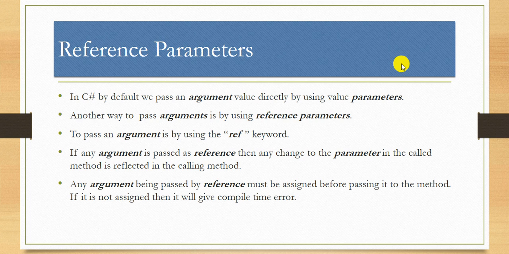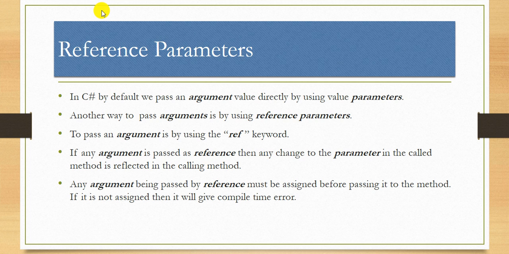So while passing arguments using reference parameters, we pass not only the data like how we pass for value parameters, but the reference of where the data is stored. So in order to pass an argument, you need to use the ref keyword if you're using a reference parameter.